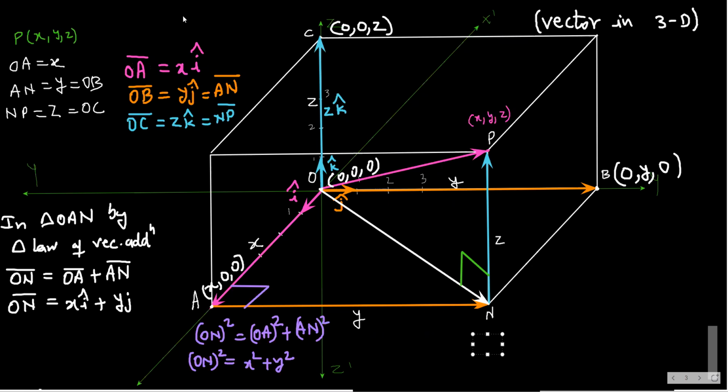See here. Point N, look at point N. Its x displacement is x. You can check the displacement of point N along x-axis. Displacement of point N along x-axis is x. Okay.